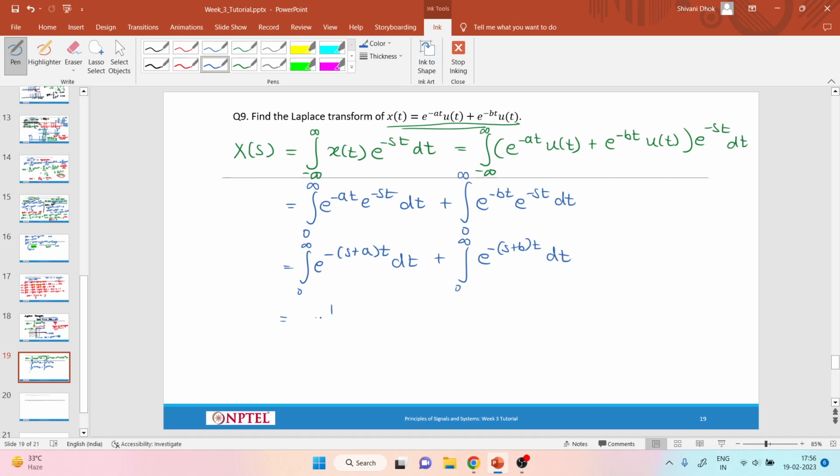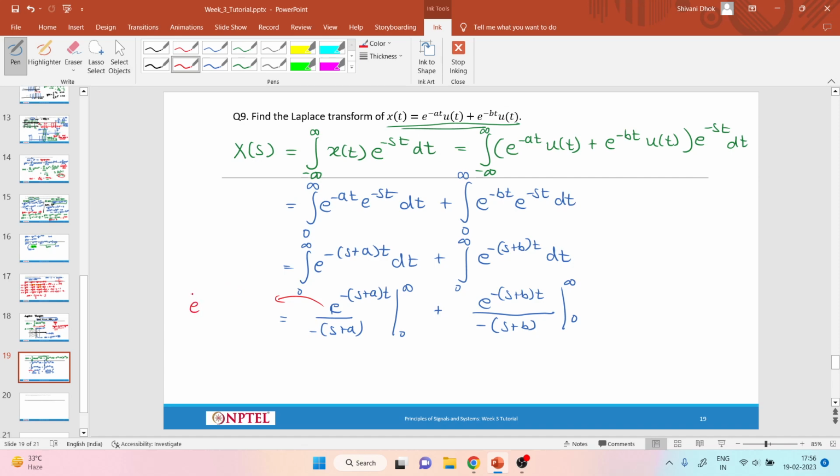This is equal to 1 upon minus (s plus a) into e power minus (s plus a) t from 0 to infinity, plus e power minus (s plus b) t upon minus (s plus b) from 0 to infinity. Now let us look at the numerator of this.